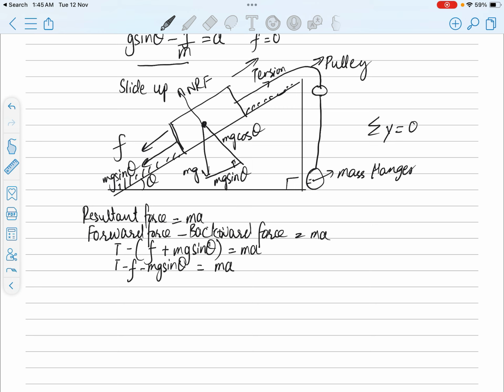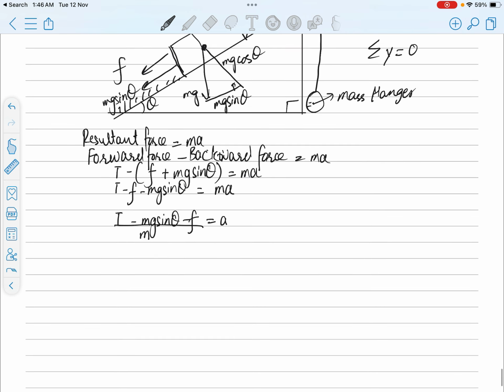Divide both sides by m. T over m minus g sine theta minus F over m equals your acceleration in this case.